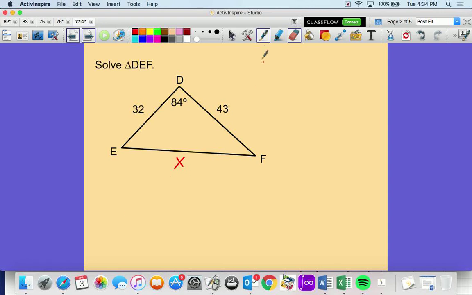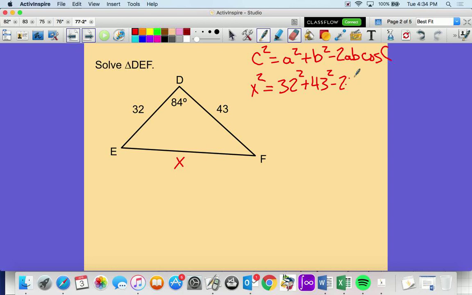For that, here's our equation: c squared equals a squared plus b squared minus 2ab cosine of C. Now our c is this x here, so we've got x squared equals, and a and b are one of these two, it doesn't matter which one, so 32 squared plus 43 squared minus 2 times 32 times 43 times cosine of the angle in between them, which is 84.